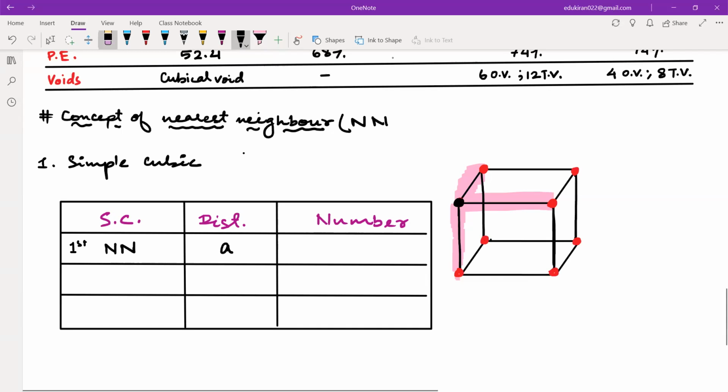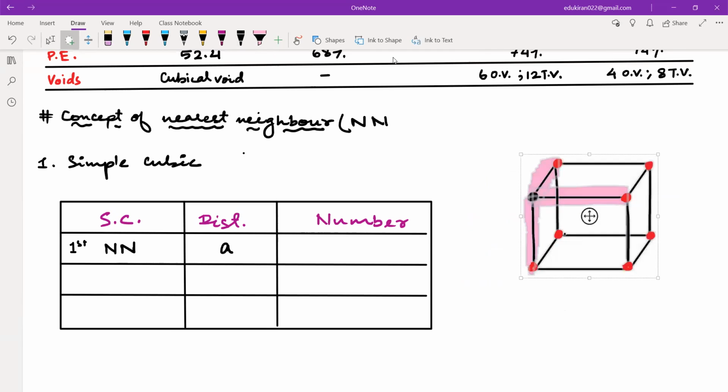Now, please remember that this nearest neighbor in this unit cell is 3, and there will be one here also, one here also, and one here also, right? All of these atoms will be neighbors to this black atom, correct? Yes or no? Yes, sir. So the total number will be how much? The total number will be 6. Okay, this will be 6.